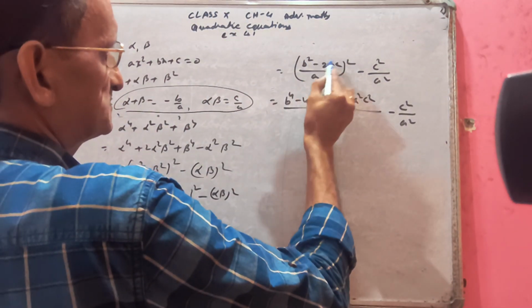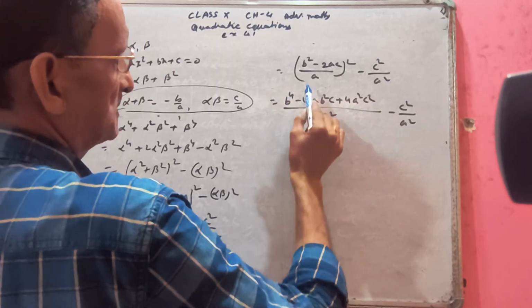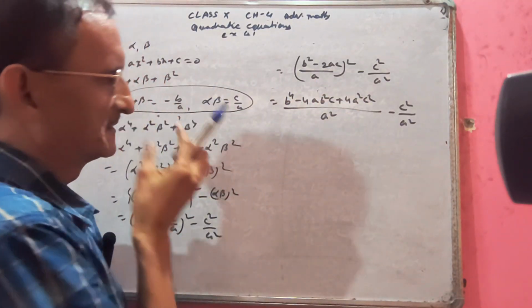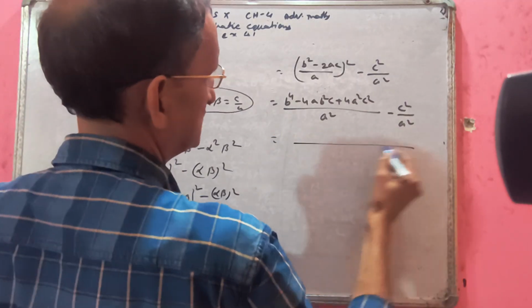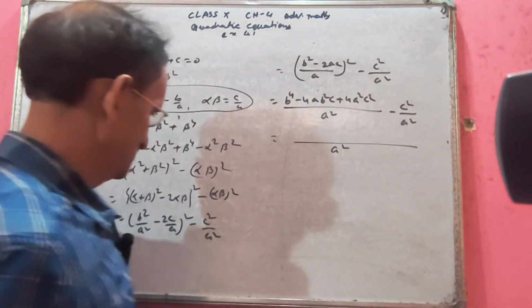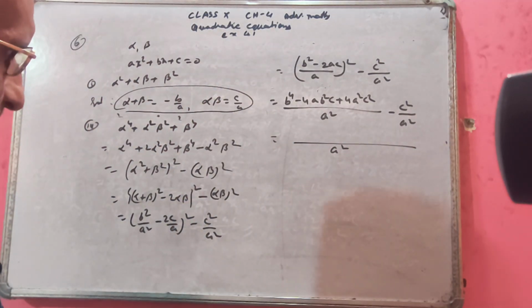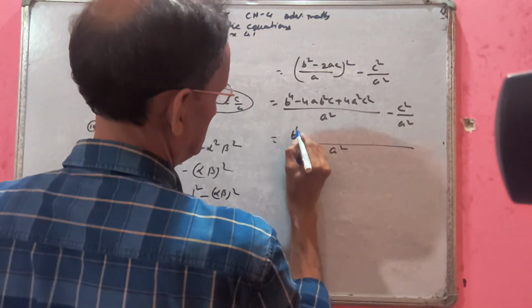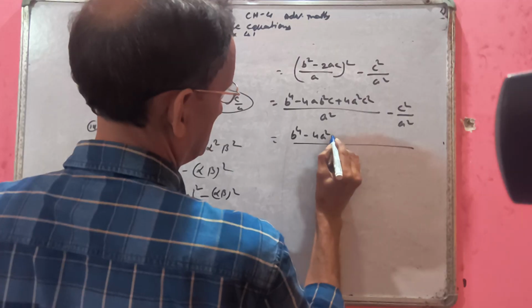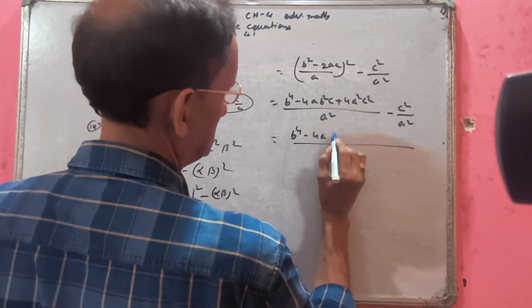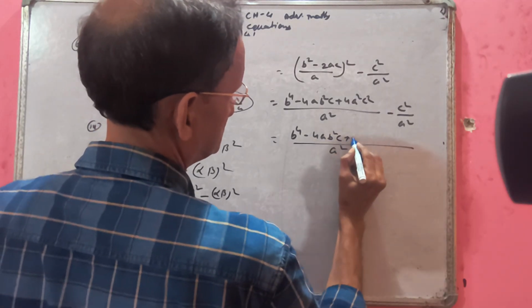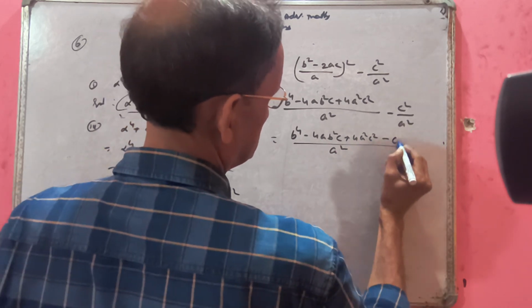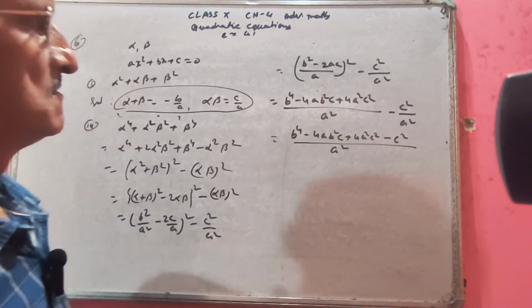Understood? This is a minus b whole square formula, a square minus 2ab plus b square. So this a square is the LCM. What is left here? b4 minus 4 a b square c plus 4 a square c square minus, this will cancel c square.